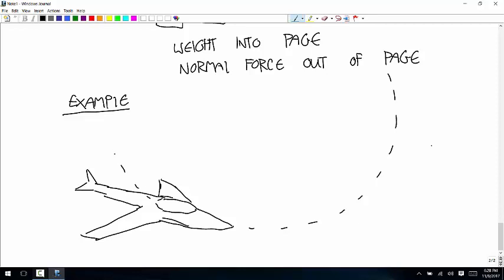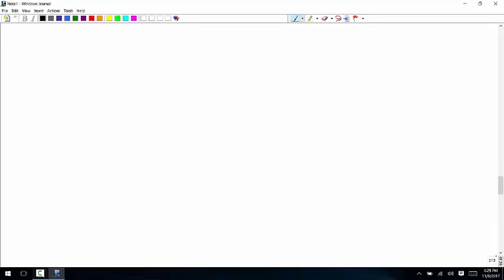Okay, and it's going in a circular path. And this is not drawn to scale. But let's say that the radius of the circle is 250 meters. That would make that plane like 300 meters long. They don't make planes like that. And let's say that the speed is 120 meters per second as it goes through this motion.